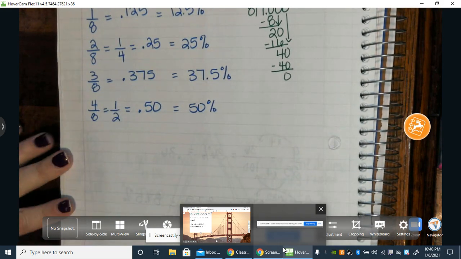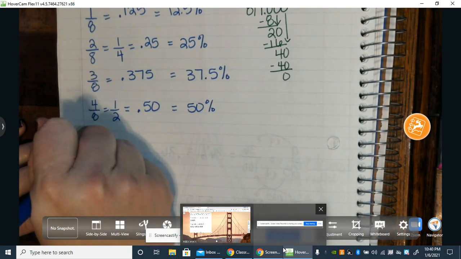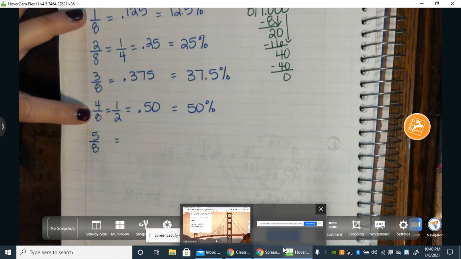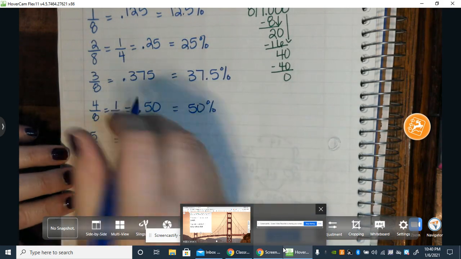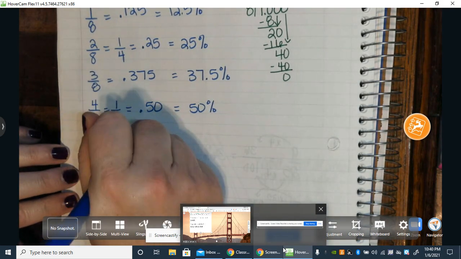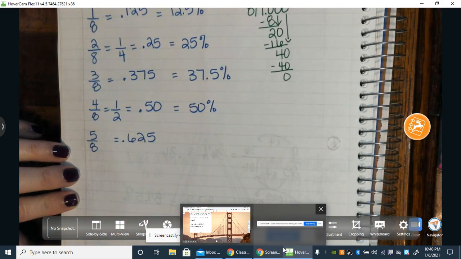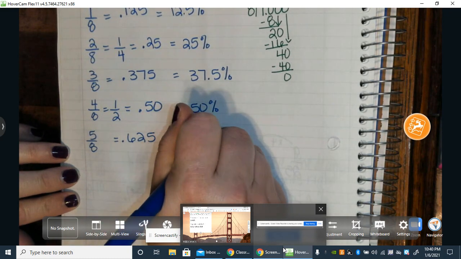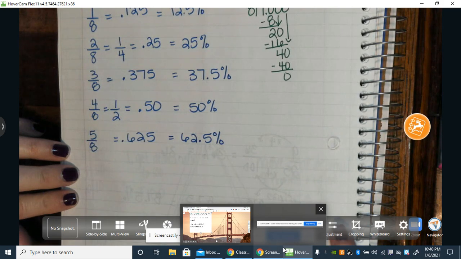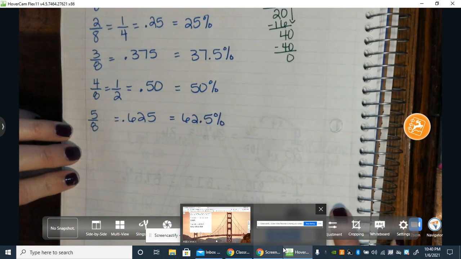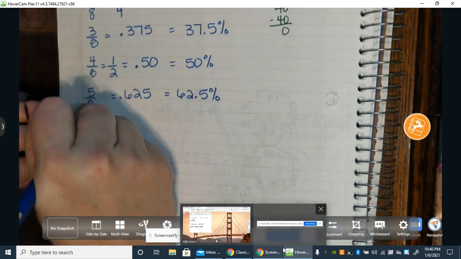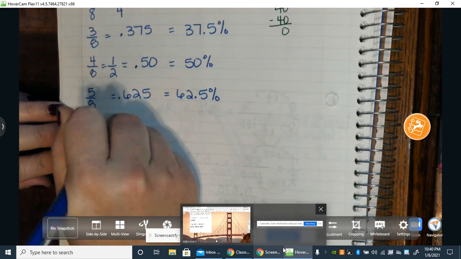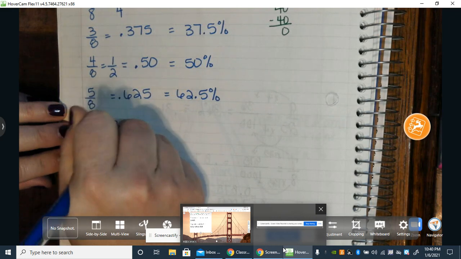Okay, 5/8 cannot be simplified, but I know if I have 4/8 and I add a 1/8 to it, I get 625 thousandths, which is 62.5%. Okay. Then we have 6/8. All right, 6/8 reduces to 3/4, which is 3/4.